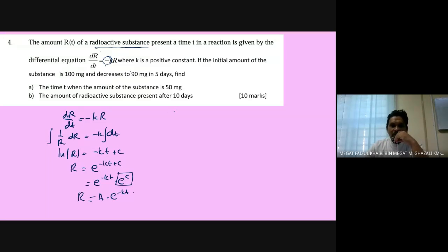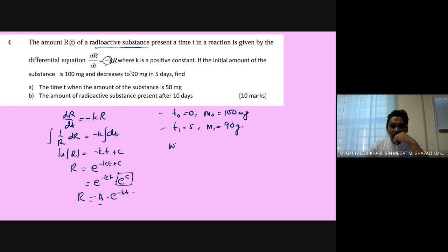Okay, so now the initial amount when t0 equal to 0 is m0 equal to 100 milligrams, and then it decreases to 90 milligrams. So t1 equal to 5, and m1 equal to 90. We are going to use these two pieces of information to find the value of A and the value of k here.